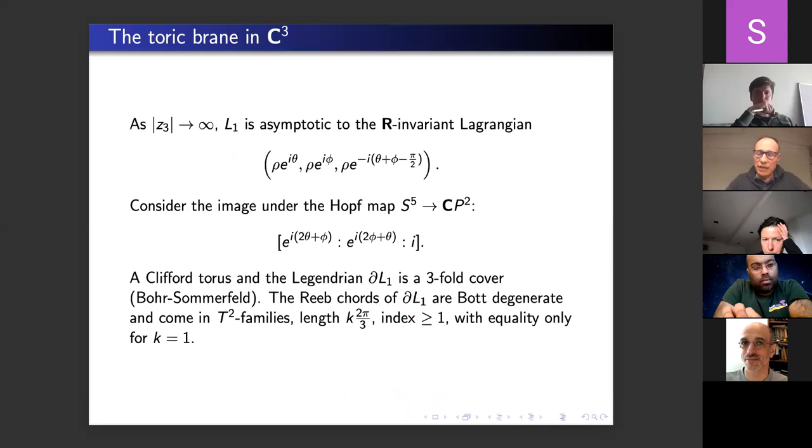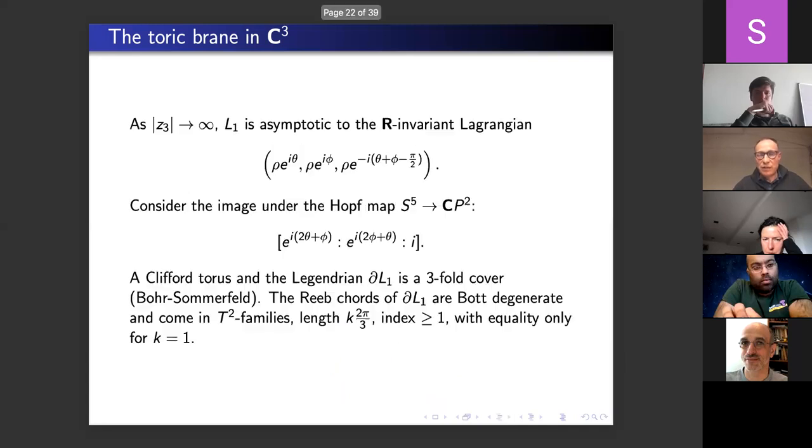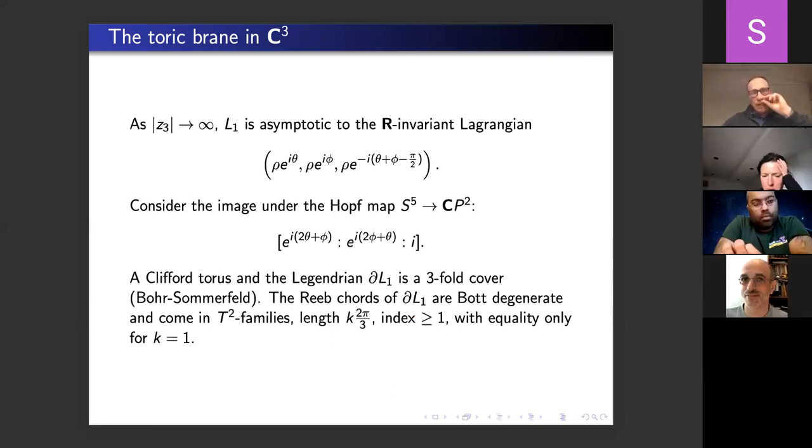If I want to look at this Lagrangian at infinity, I basically have to take C3 to infinity. And R1 doesn't matter so much when I do that. So L1 becomes asymptotic to this invariant Lagrangian. It lives in the boundary of C3, which is S5.